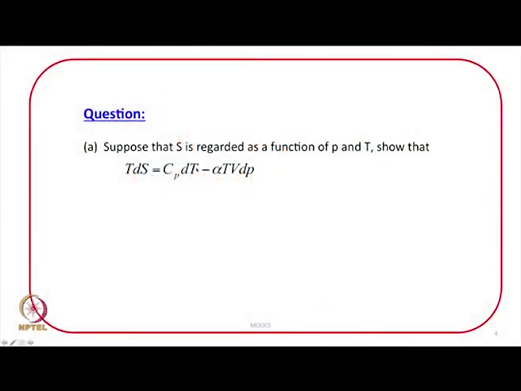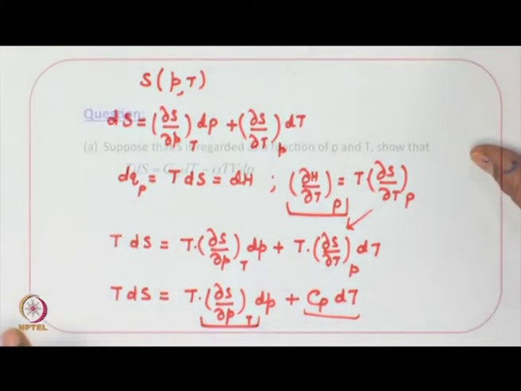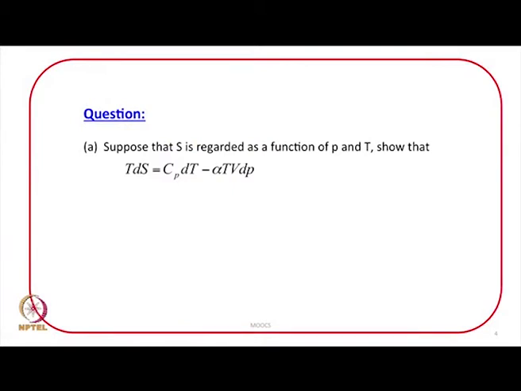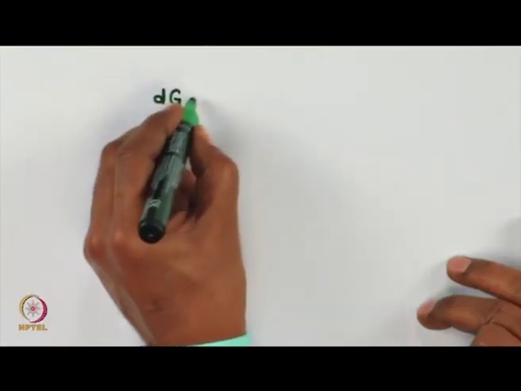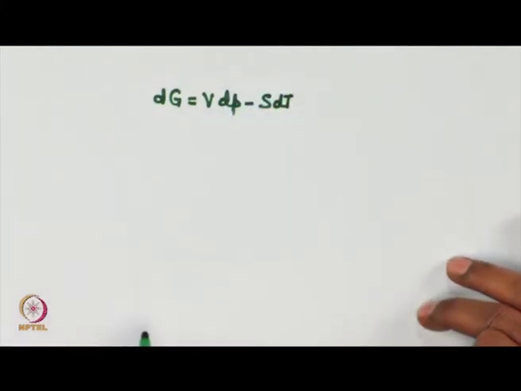So at least one part we have been able to get as asked in the question. Cp dT is there. Now we need to get the other part, and in order to get it, we can again use the Maxwell relation. What we need now is the variation of entropy with pressure, and for that we can use another Maxwell relation from dG is equal to V dP minus S dT, because this will allow me to express the variation of entropy with respect to pressure at constant temperature.